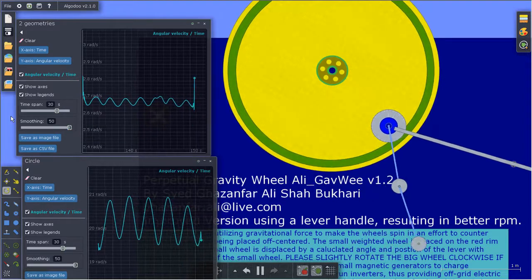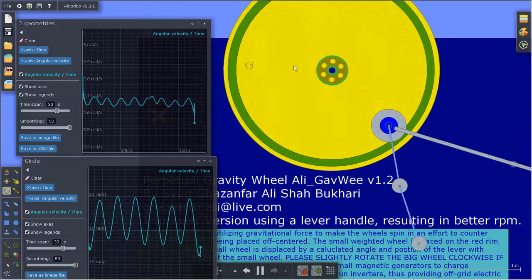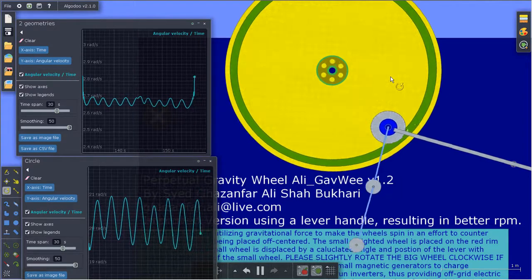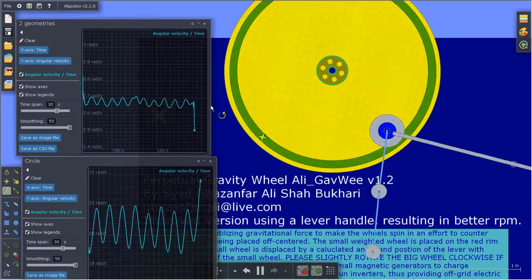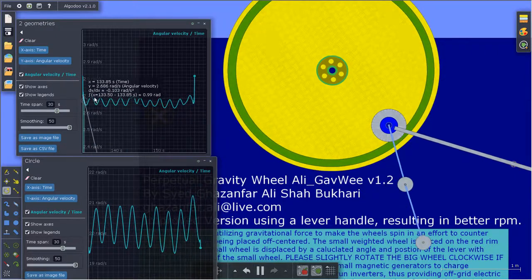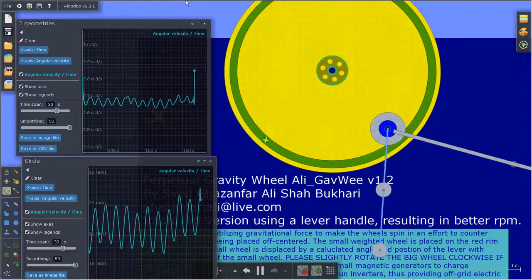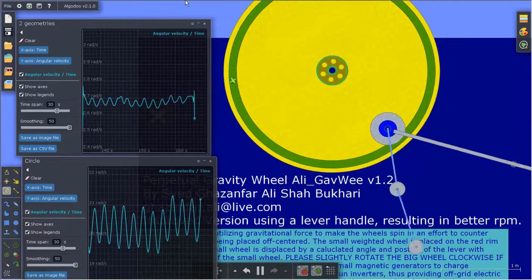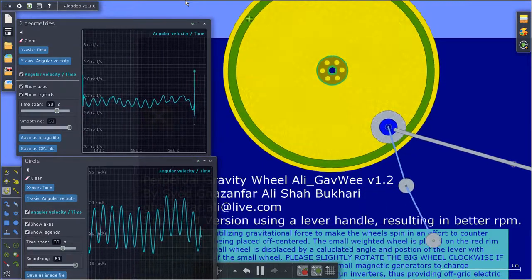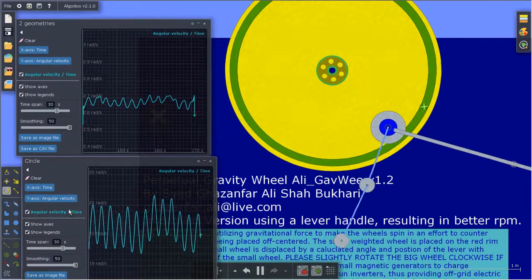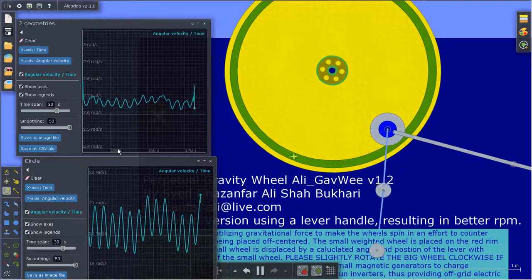Now you can see it, now it's spinning anti-clockwise, and the angular velocity for the larger wheel is now close to 2.7 radians per second, and the average angular velocity of the smaller wheel is 20 radians per second.